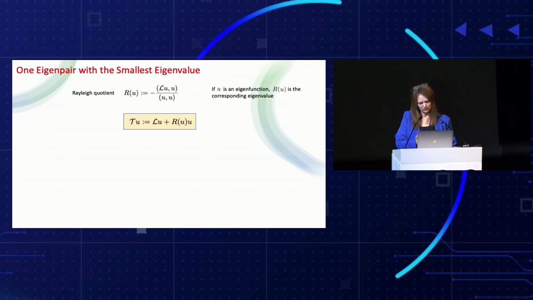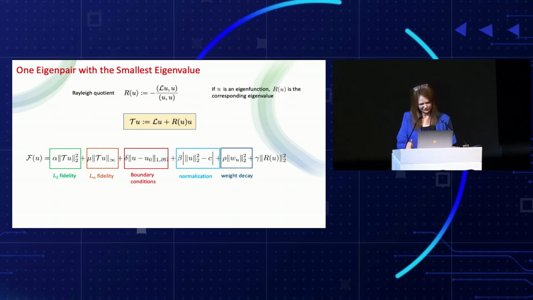So now our loss function is Lu plus Ru. So R represents the eigenvalue. Okay, so we have the same loss as before, but we add another term which minimizes the Rayleigh quotient. This means that we promote the solution towards the smallest eigenvalue.